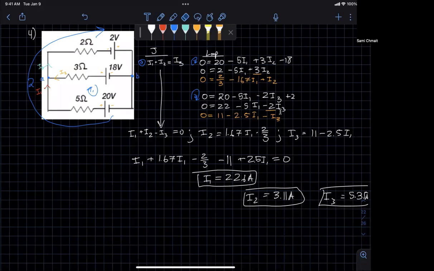Okay. I don't know the numbers. Yeah, I did. This one, I did it on my first worksheet.